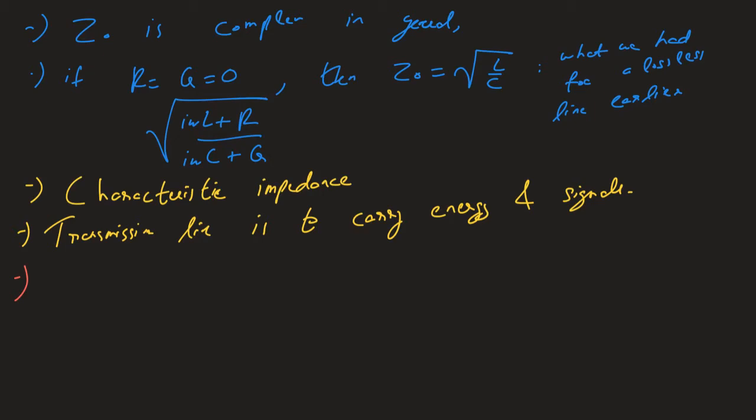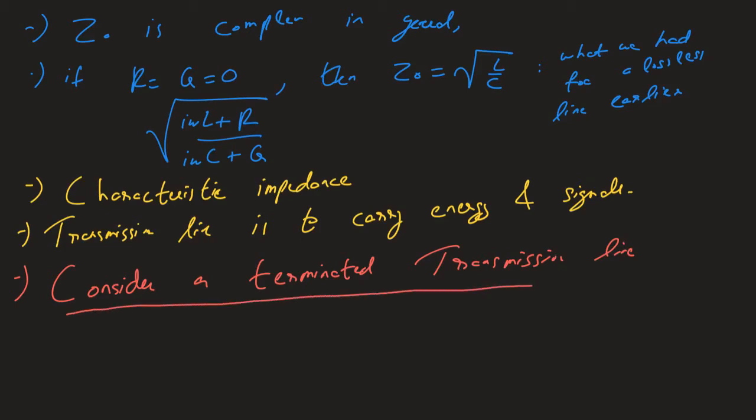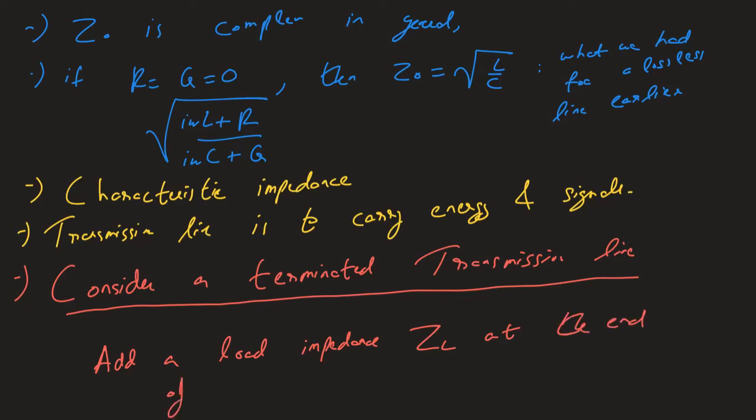Now what we want to do is consider a terminated transmission line. Right, we want to consider a terminated transmission line. So what we'll do is add a load impedance ZL at the end of the transmission line.